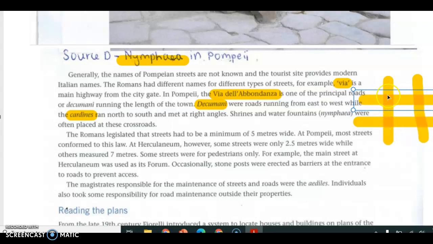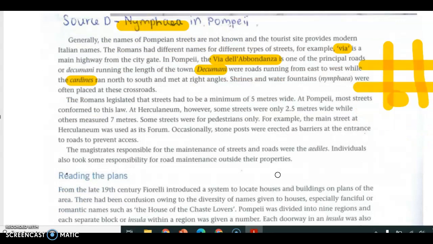And like I said, this is normally where a nymphaea would go. So a fountain would go on the corner of a block. So that's the layout or the site plan of both towns. If you wanted to add those extra key terms, you can.